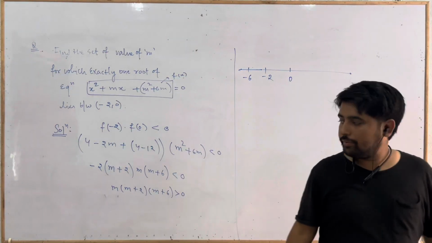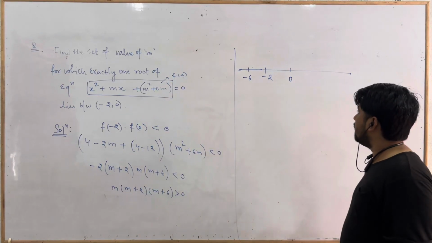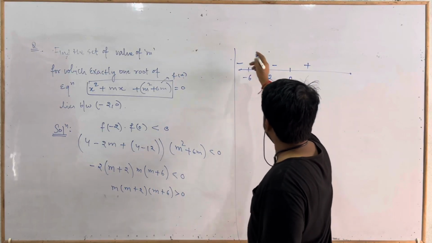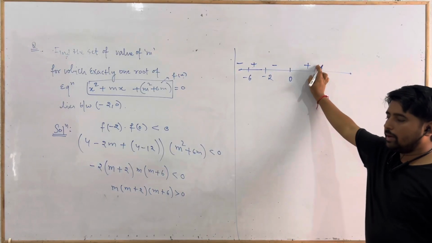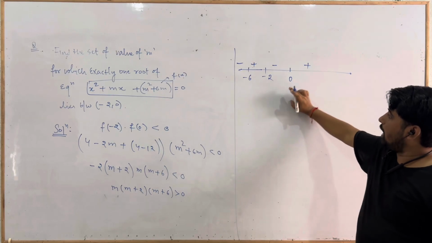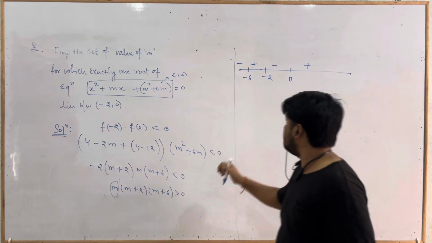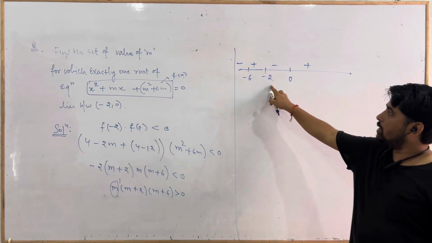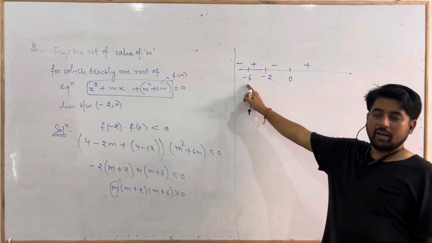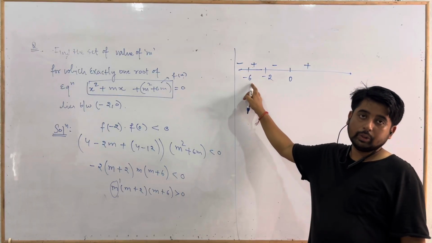All coefficients of m are positive. So I will start with plus, and when I get an odd power in the linear factor, I will change the sign. So 0 is coming from this factor, and the power is odd, so I am changing the sign. Similarly, -2 is coming from m plus 2, the power is odd, so again I am changing the sign. And -6 is coming from m plus 6, again the power is odd, so I will change the sign.